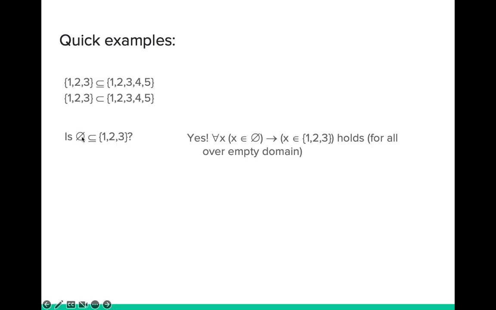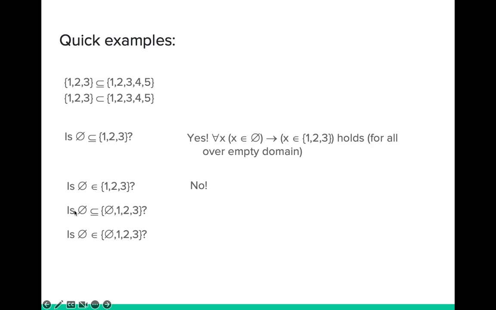And we already said that the empty set is a subset of any set. Okay, now is the empty set an element of {1, 2, 3}? So in this case, what would be the answer? No, it is not an element of the set {1, 2, 3}.